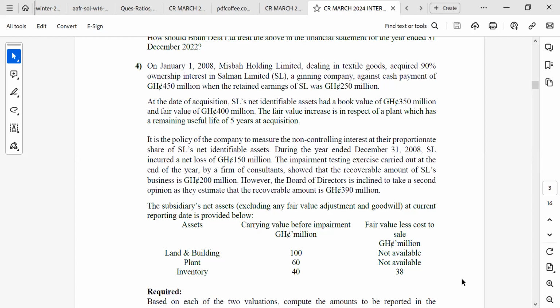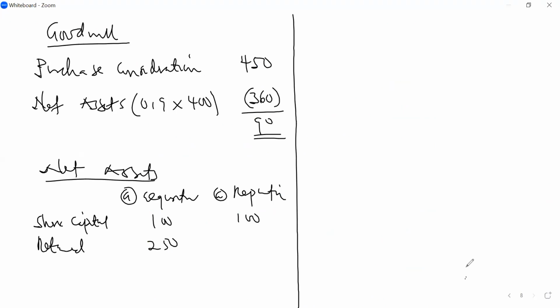Net loss of 150. So what will be the retained earnings at reporting? It will be 100. Yes, the loss will reduce the figure at the end, so that will be 100.